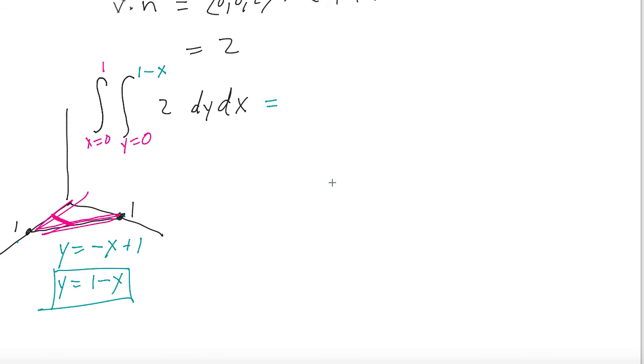All right, let's do the inner integral. So 2 dy from 0 to 1 minus x. I'm not sure if this got cut out, but x goes from 0 to 1.